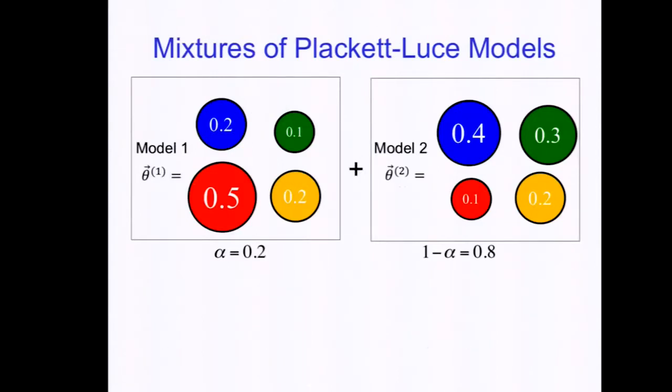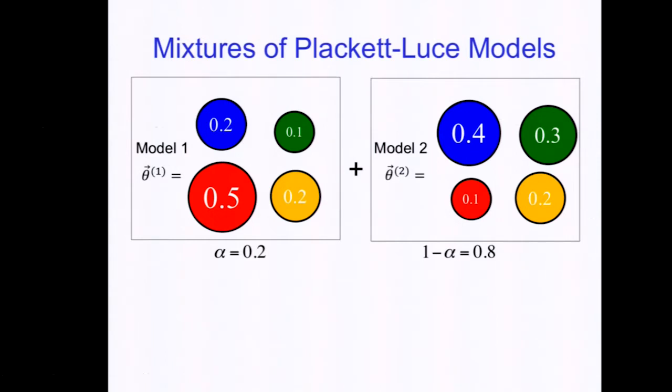Very quick example: Plackett-Luce mixture models. Okay, so we have two Plackett-Luce models. Each has different parameters. So this is just quickly telling you how we can generate data. This is a ground truth parameter of a Plackett-Luce mixture model. In the first model, we have 0.5, 0.2, 0.2, 0.1. In the second model, we have 0.1, 0.4, 0.2, 0.3.